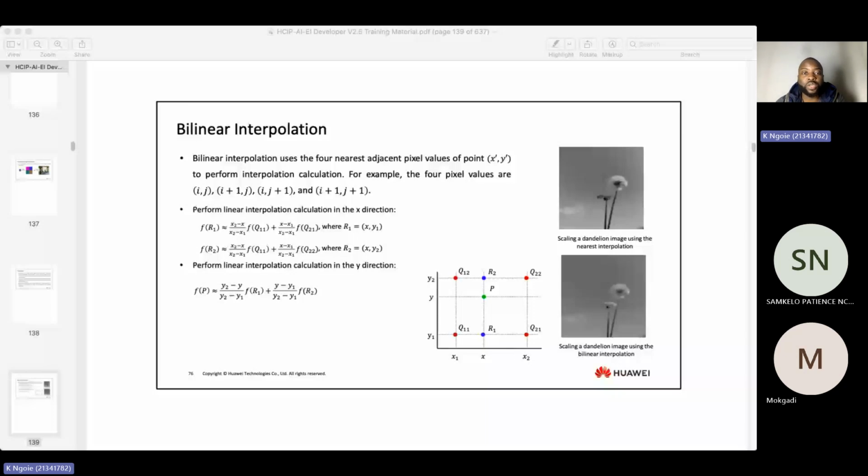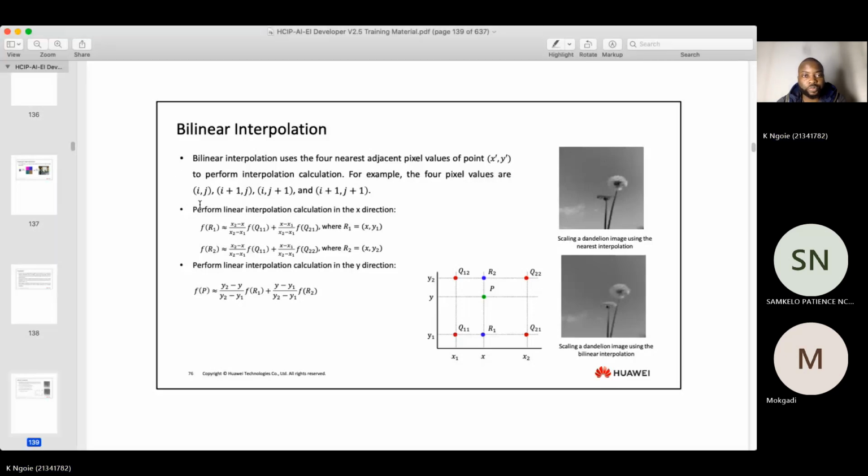It's mostly used in image resizing and for AI pre-processing. So that's how bilinear interpolation works, right?